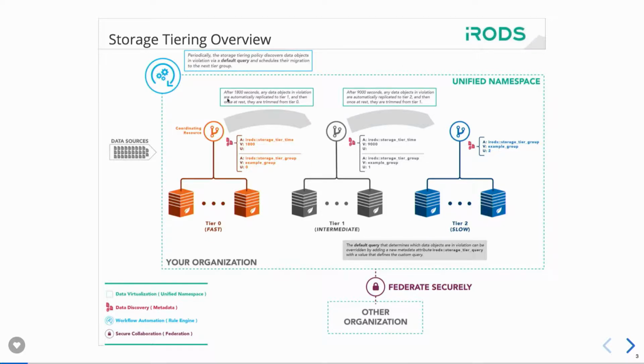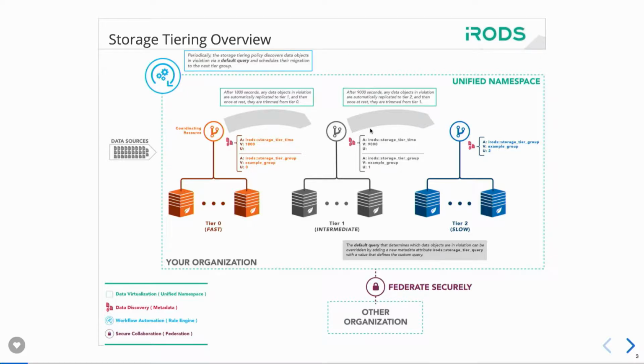If we look at this example graphic here, on the left we have the orange resource hierarchy. We'll call that tier 0, or any index that you like. The one in the middle we'll call tier 1, and the one on the right we'll call tier 2. They don't have any identity until we have some policy that cares about that identity.